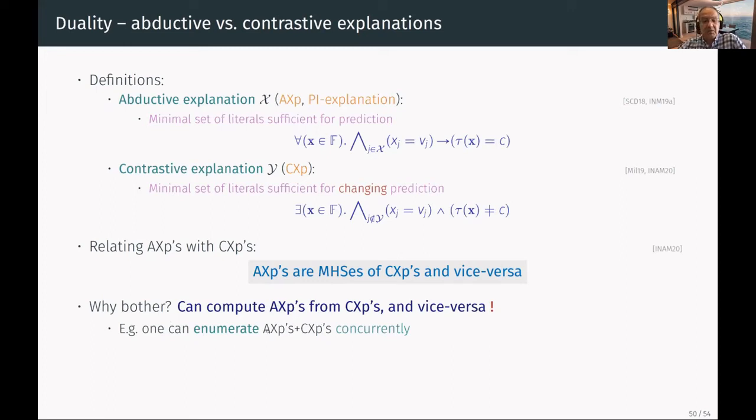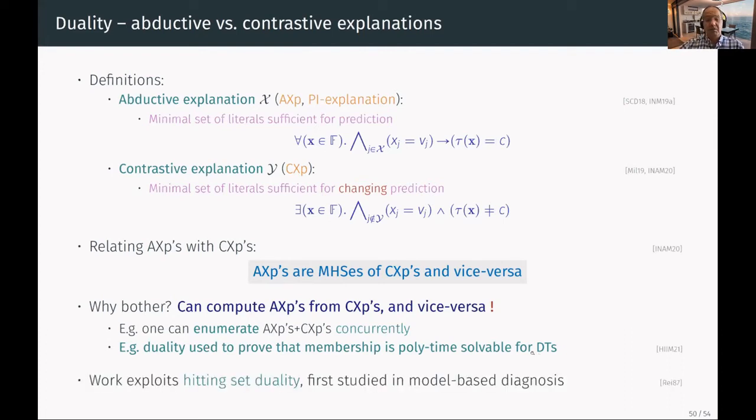And more recently, a few months ago, we showed, in a paper that is going to be presented in November, that we can use duality to prove that feature membership, asking whether a feature is in some explanation, is in polynomial time for decision trees. The only way to get to this result was to use duality. The result itself is new, but what we did was to use the results of Reiter from the 80s. So that was one type of duality, very recent.